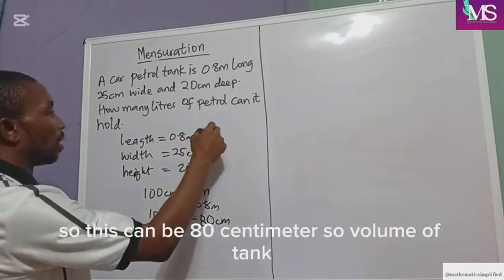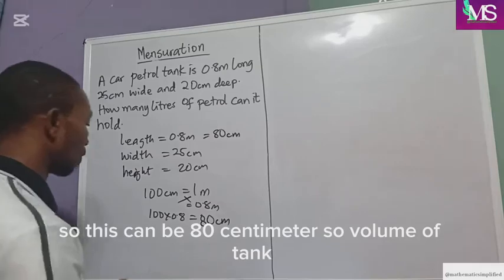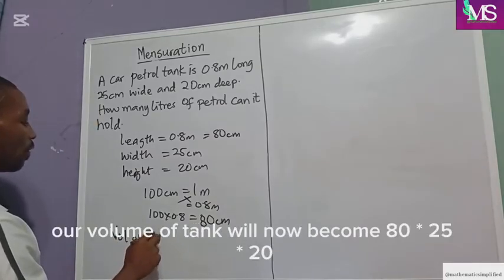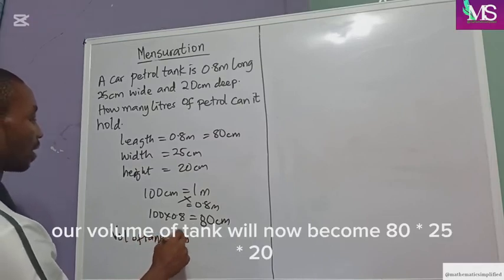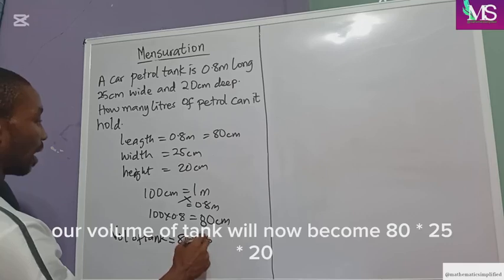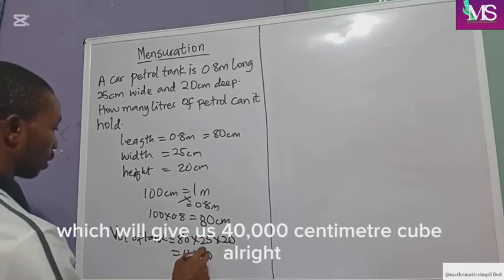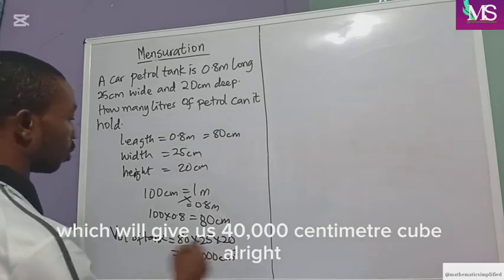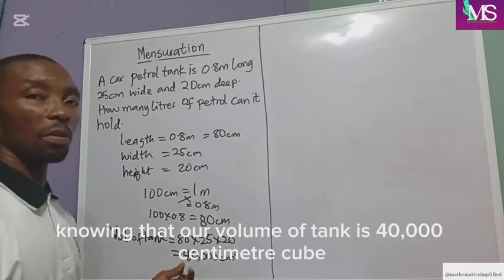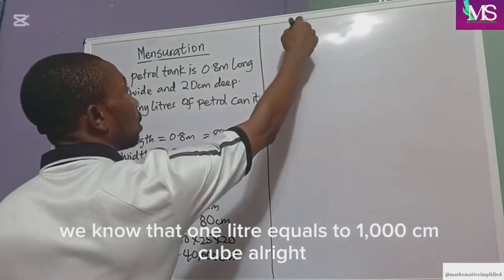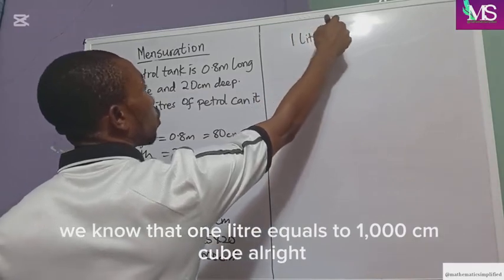So volume of tank will now become 80 times 25 times 20, which will give us 40,000 centimeter cube.